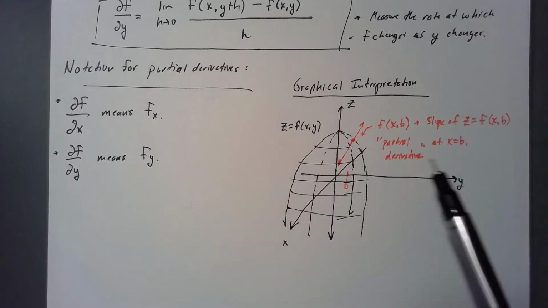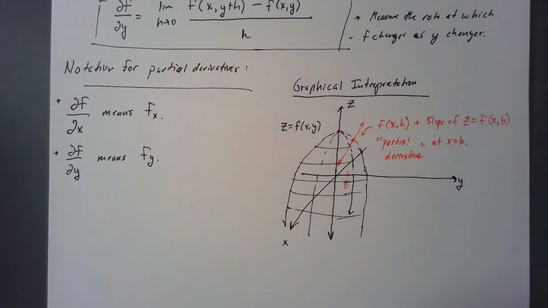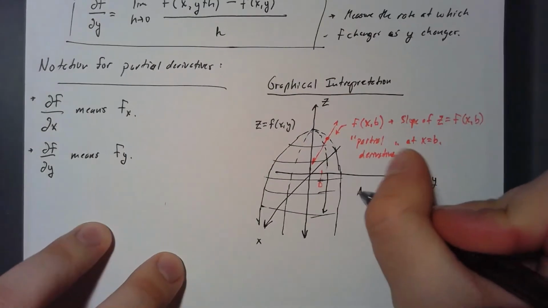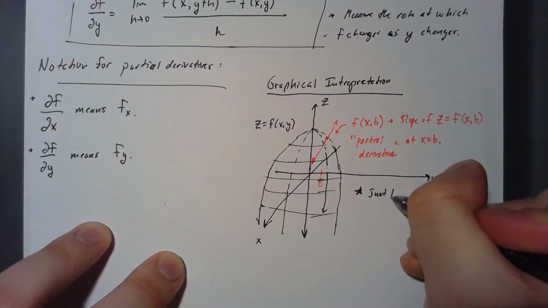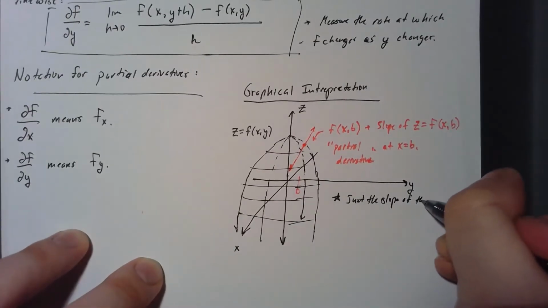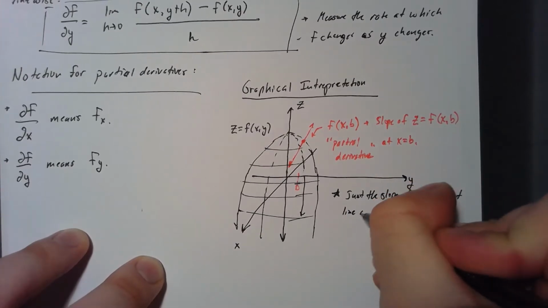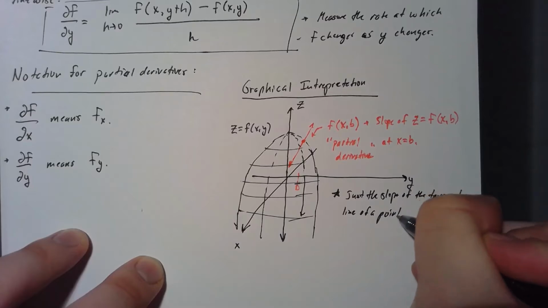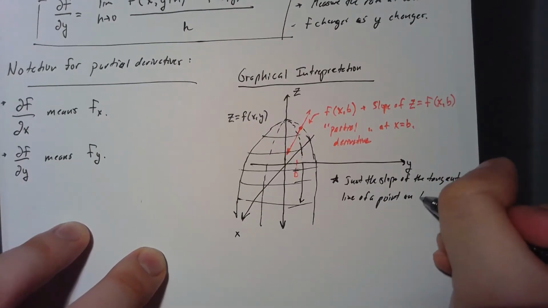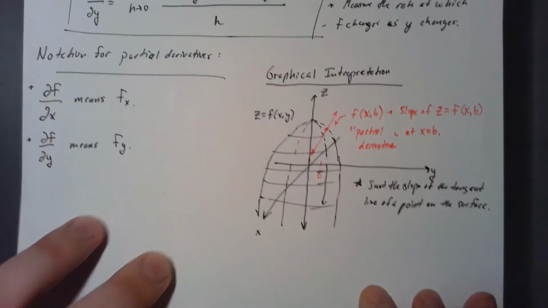So this is just the slope of the tangent line of a point on the surface. That's all it is.